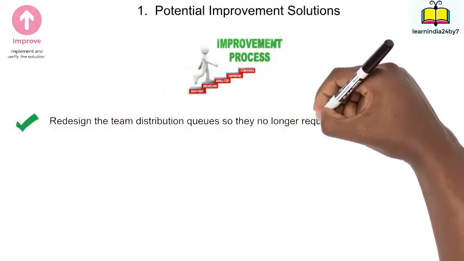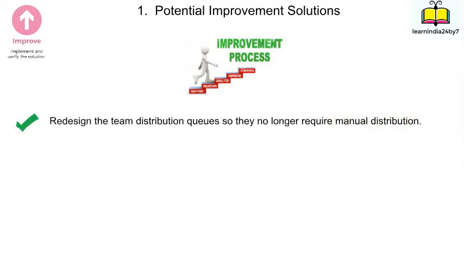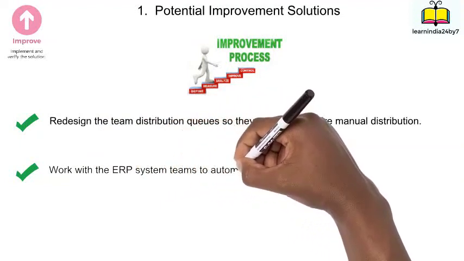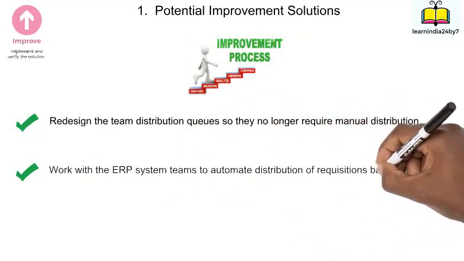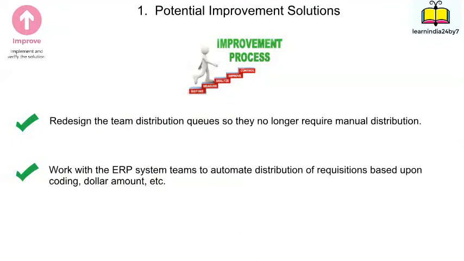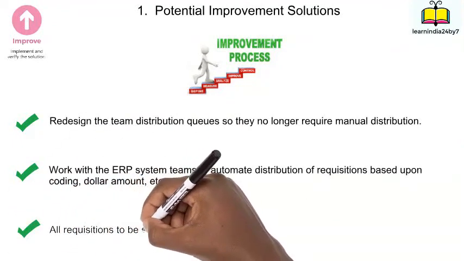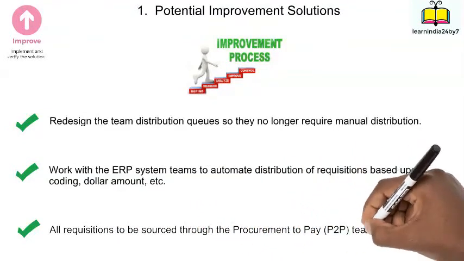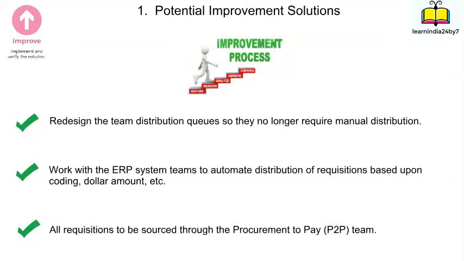The first one was to redesign the team's distribution queue so that it no longer requires manual distribution. Then work with ERP system teams to automate distribution of requisitions based upon coding, dollar amount, etc. And then finally, all requisitions to be sourced through the procurement to pay P2P team.